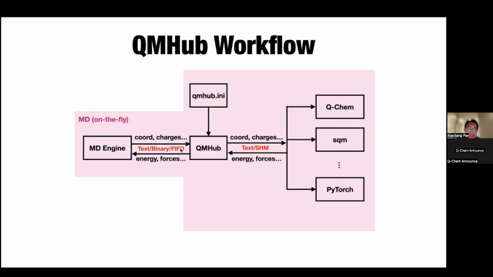In each MD step, the sender will send the coordinates and the charges of the system. There are several mechanisms for this. The most efficient will be this first-in, first-out pipe. If we run on the fly, usually this is the best choice. And then after QMHub receives this information of the system at this step, we will do this QM/MM augmented charges calculation to convert these, which could be tens of thousands of atoms.